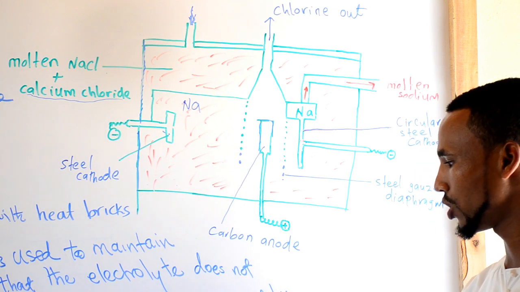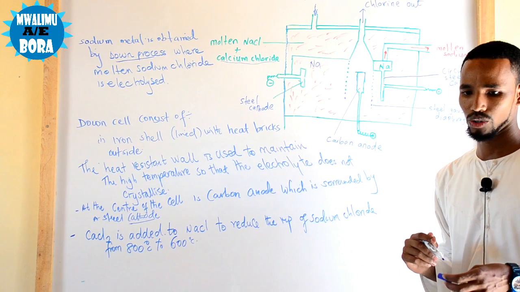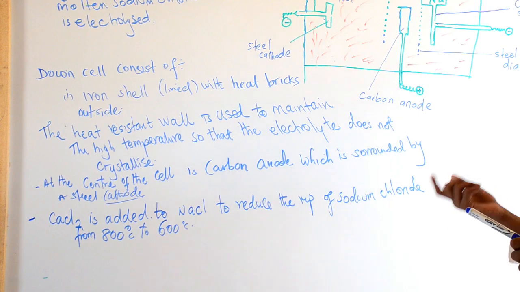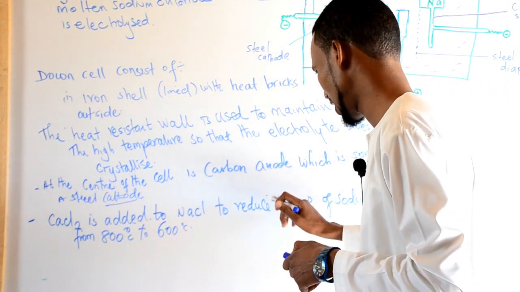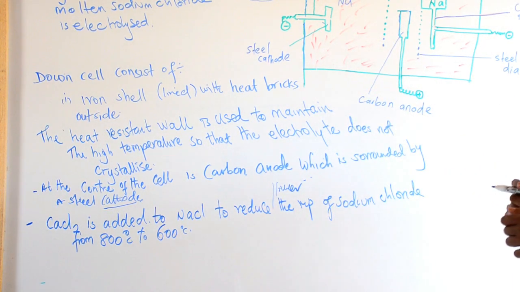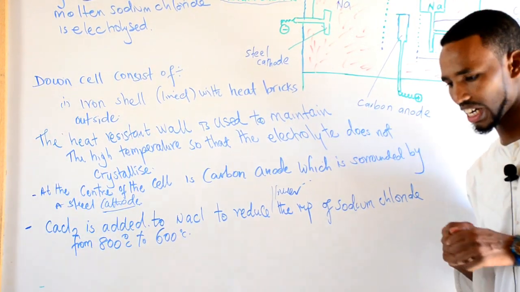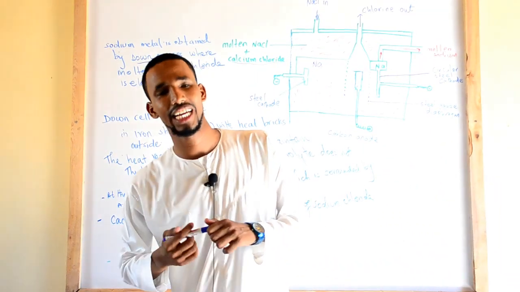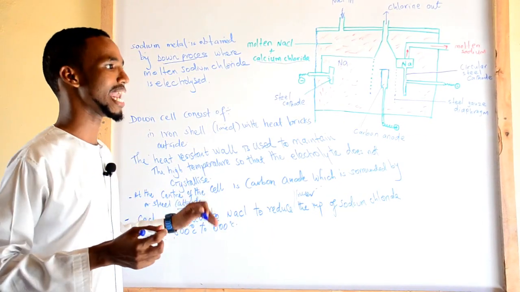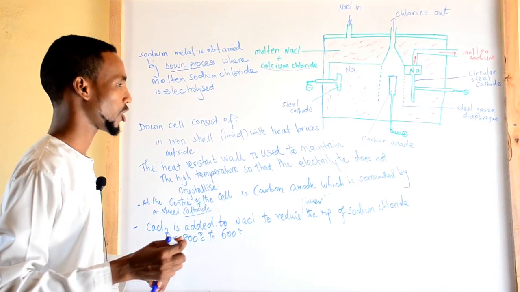It is to reduce or lower the melting point of sodium chloride from 800 degrees to 600 degrees. So 800 degrees, that is too high, yeah? So for you to reduce it, we normally add calcium chloride.